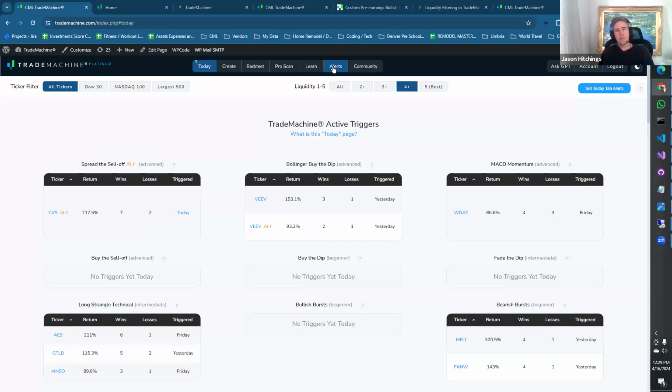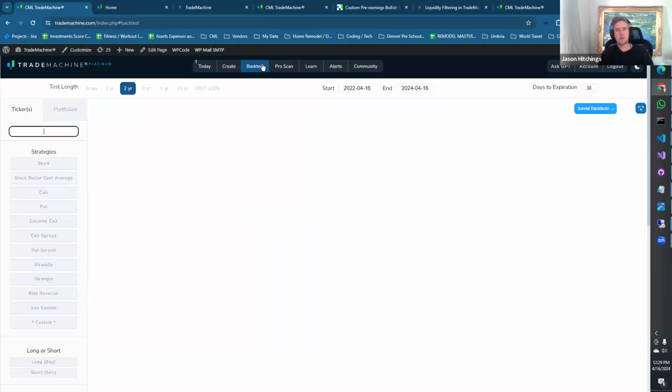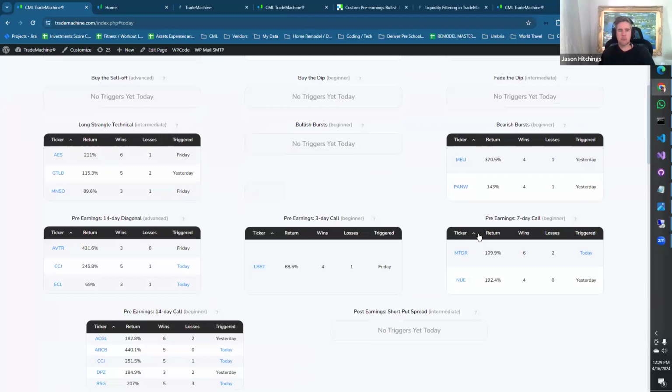Great. So when you see an alert come in, I cleared mine out recently, but it's basically going to give you a share link. If I create an alert here, I can give you a good example. Basically, when an alert comes in, it's going to behave pretty much exactly like this.